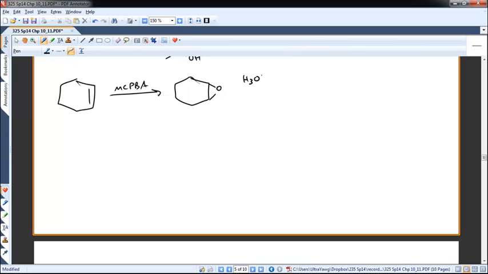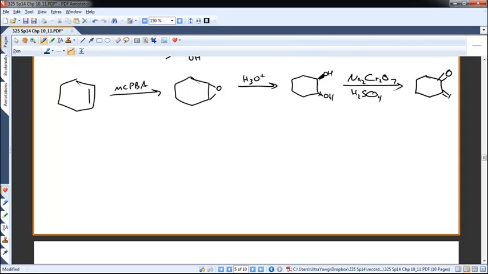If I add aqueous acid, I can pop the ring open to give me a trans-diol. Right? And I can oxidize with dichromate now, H2SO4. Right, this is the new thing we're learning, so I could turn this into a diketone.